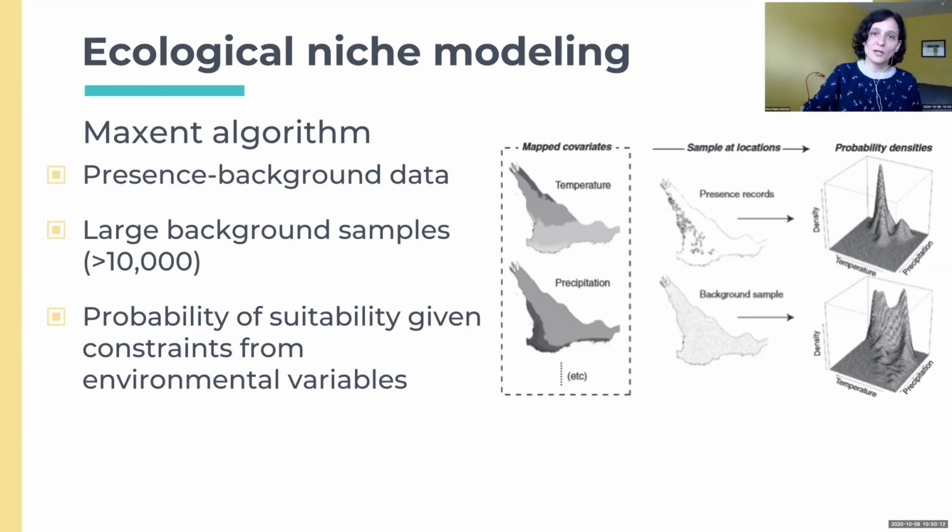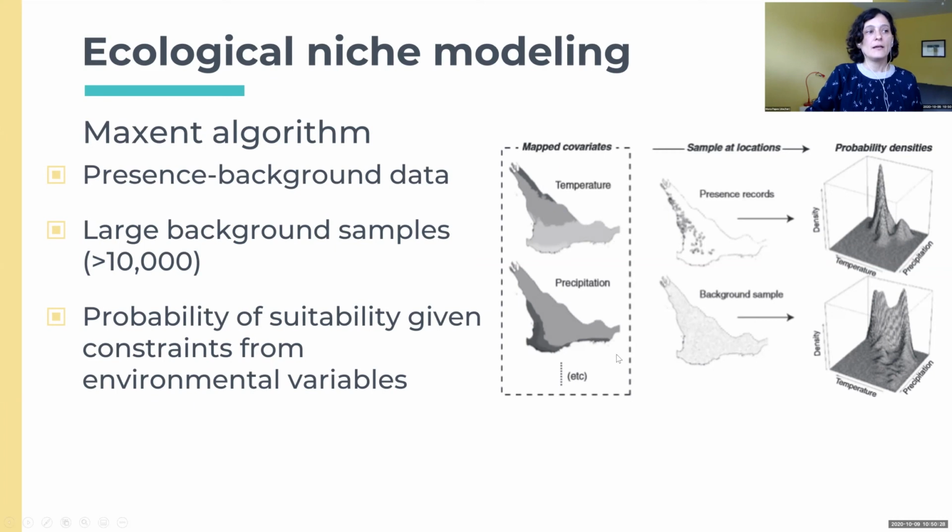Maxent works in a different way, meaning that it requires a large sample of the background, a large sample of the non-presences, in order to be able to find those environmental differences between known presences and the rest of the study area.